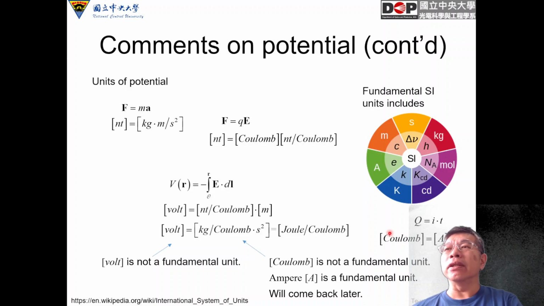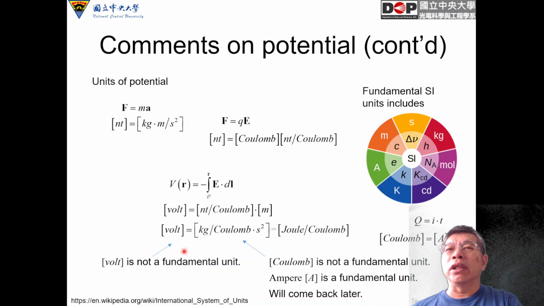Coulomb is not a fundamental unit, but Coulomb can be related to the current, which is in amp. Somewhere you probably learned Coulomb equals the current times t. How much charge flows through in a certain time is the current. So Coulomb is not a fundamental unit.